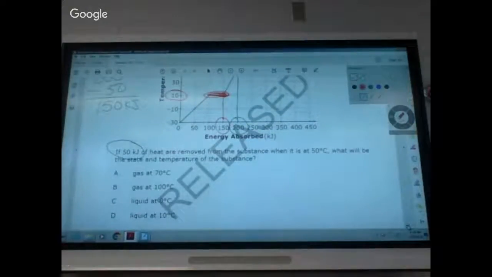They only have a liquid, so it's D. I just think it's an odd question, and I don't think you'll see one like that on the exam. There's a reason that question got chucked.